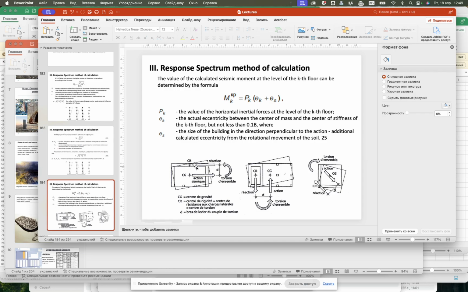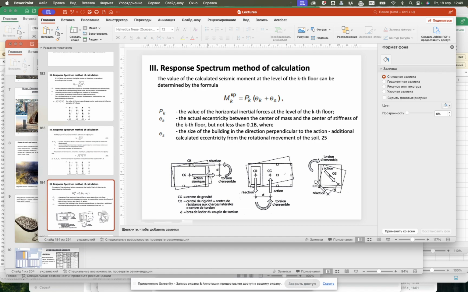This creates a lever arm, which gives these torsional forms of vibration. In this case, you can see that all the walls are concentrated in one part of the building, and in this part of the building we don't have any rigid elements. That gives rise to torsional vibration of the building. And here we can see the same situation.